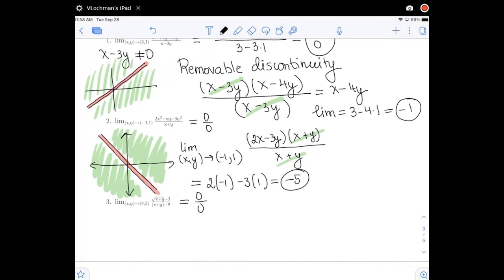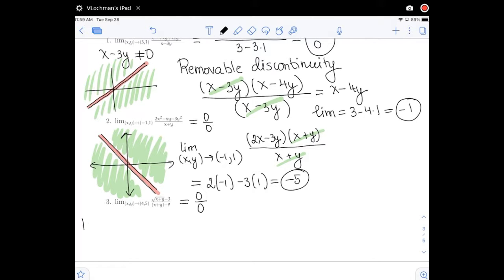We're not going to get involved with the domain for this function, but we can still solve the limit here. So 0 over 0. That means I should have a removable discontinuity. There's a couple of things you could do. One thing you could do is try and factor. So that's what I'm going to do now. I'm going to factor the denominator.